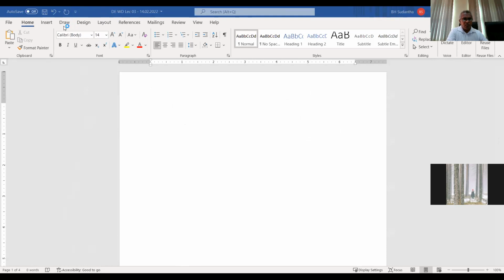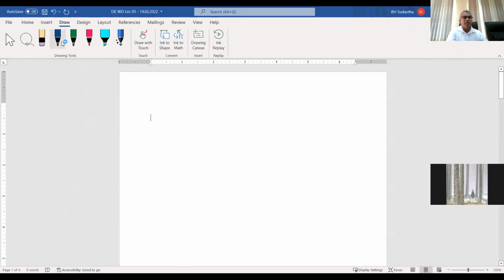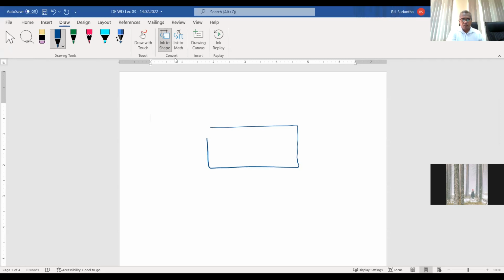Okay, then we have to draw the block diagram first. Okay, we have two inputs. First one A, the other one B. And we have three output lines.